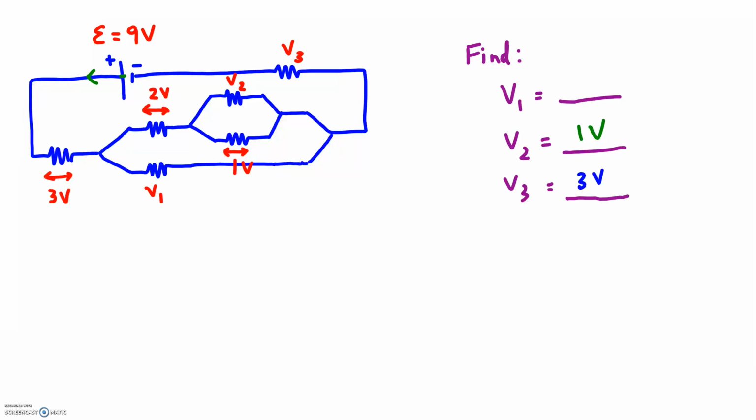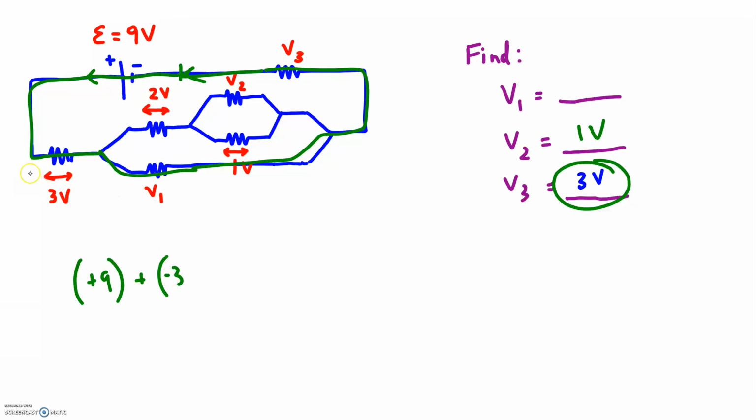Finally, we look for V1. So I'm going to follow a loop that goes through V1. I'll start here. I gain 9 volts. I lose 3 volts. I lose V1. I lose V3, which is 3 volts. And let me write it out. I'm gaining 9 at the very beginning.